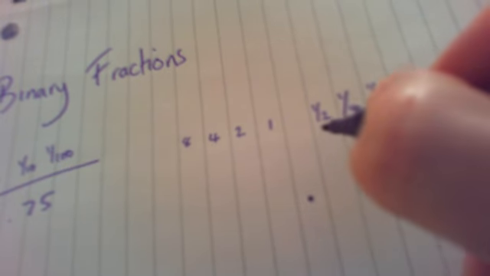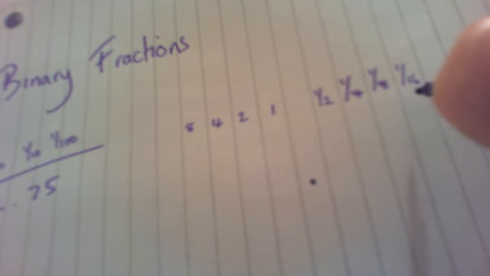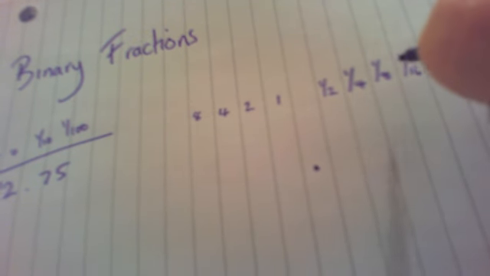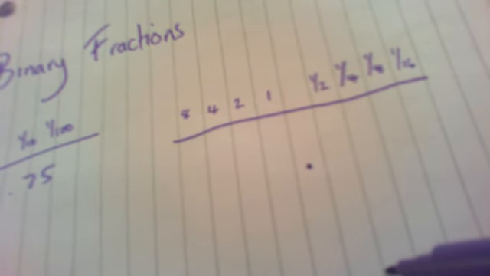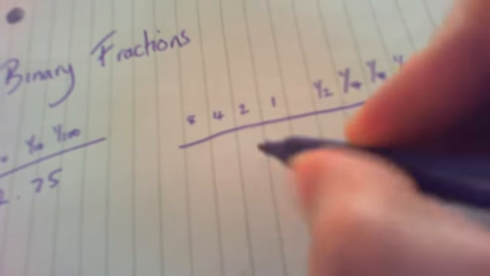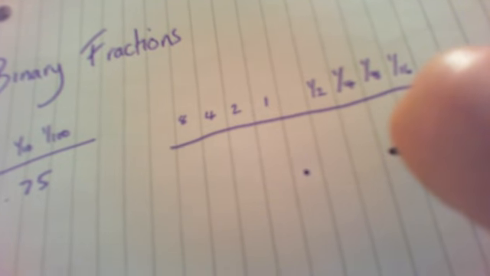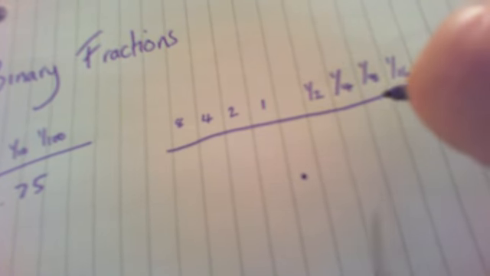Now you're going to need to know the decimal equivalents of these, which I'll come to in a minute. But those are our headings for now. And now let's put our number in. So we've got 12.75.